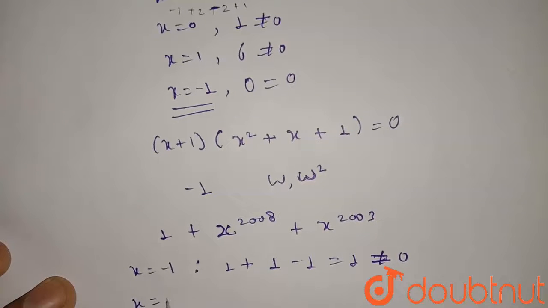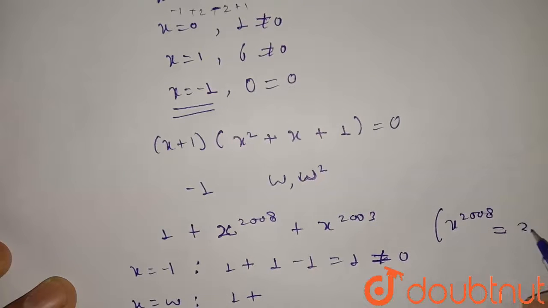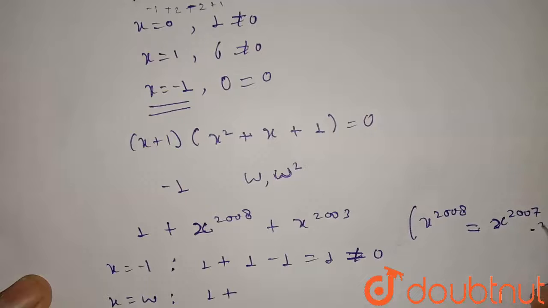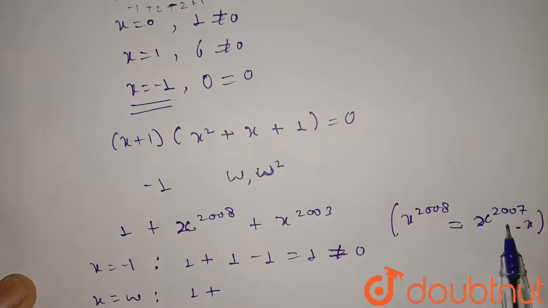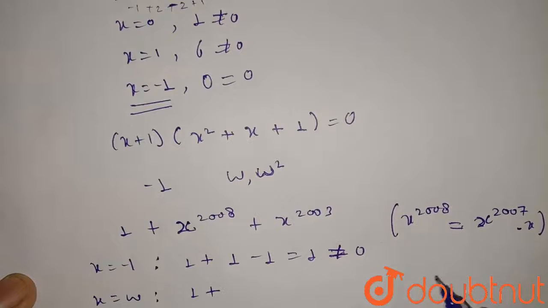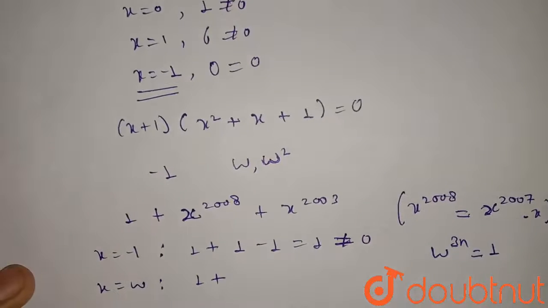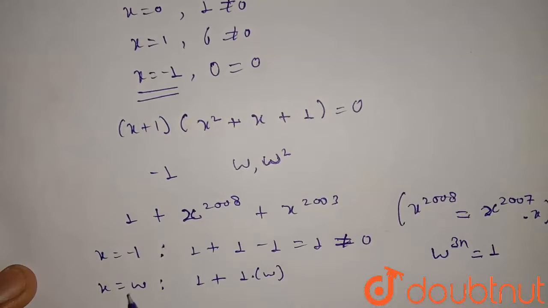Now we put x equal to omega. For that, 1 plus, we can write x raised to 2008 as x raised to 2007 into x. Why are we doing this? Because 2007 is a multiple of 3, and we know that omega raised to 3n is equal to 1. So here only x will remain, so 1 into omega, as the value of x is omega.